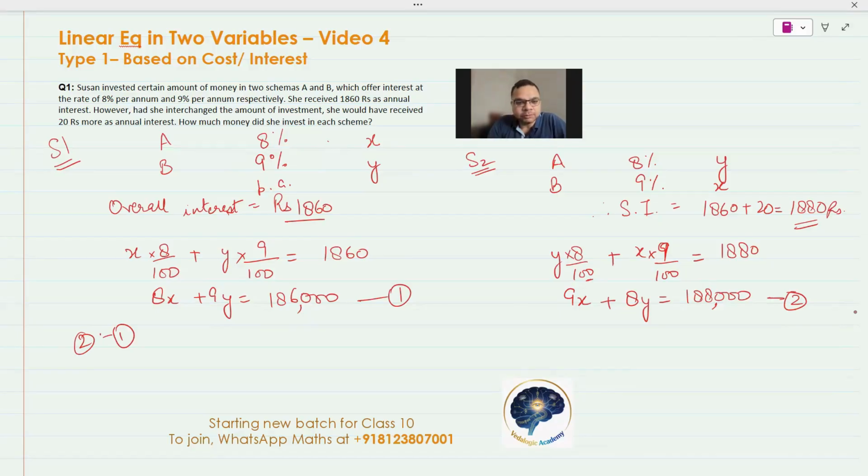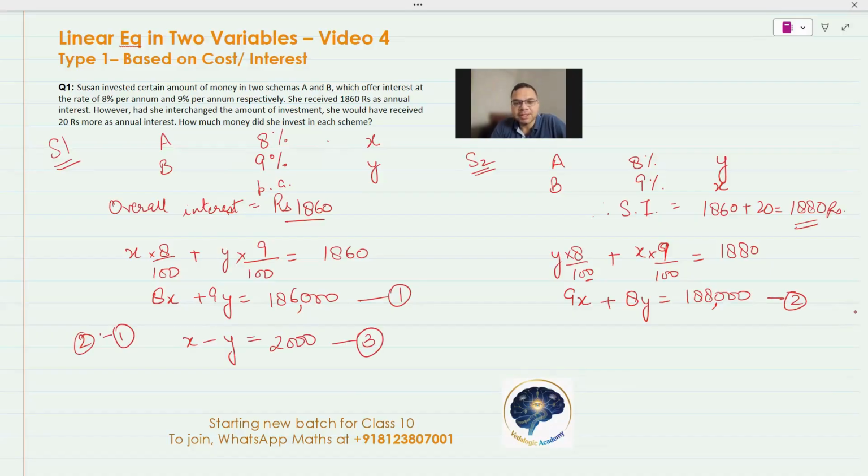When I subtract 8x from 9x, it becomes x. When I subtract 9y from 8y, it becomes minus y. And 186,000 subtracted from 188,000 becomes 2,000. So this is one equation that we have got now.